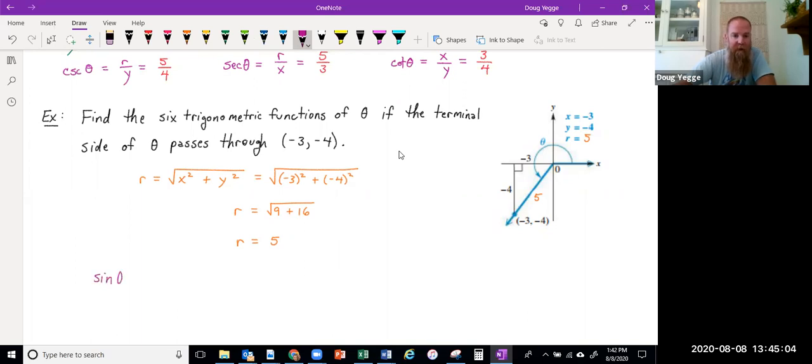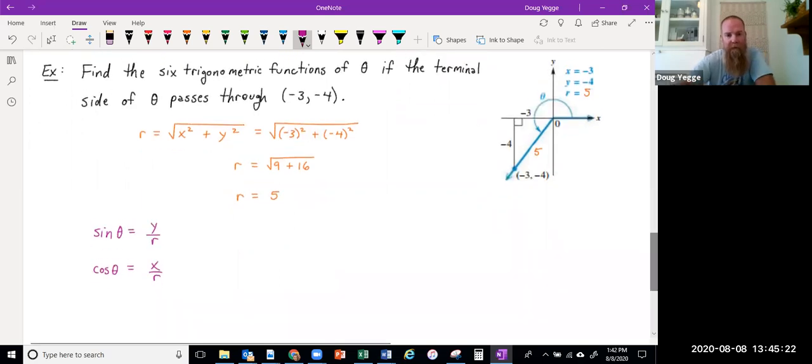We know that sine of theta is y over r. And cosine theta is x over r. And tangent theta is y over x. Now, once we know these three, the final three are relatively simple because they are just the reciprocals of these.